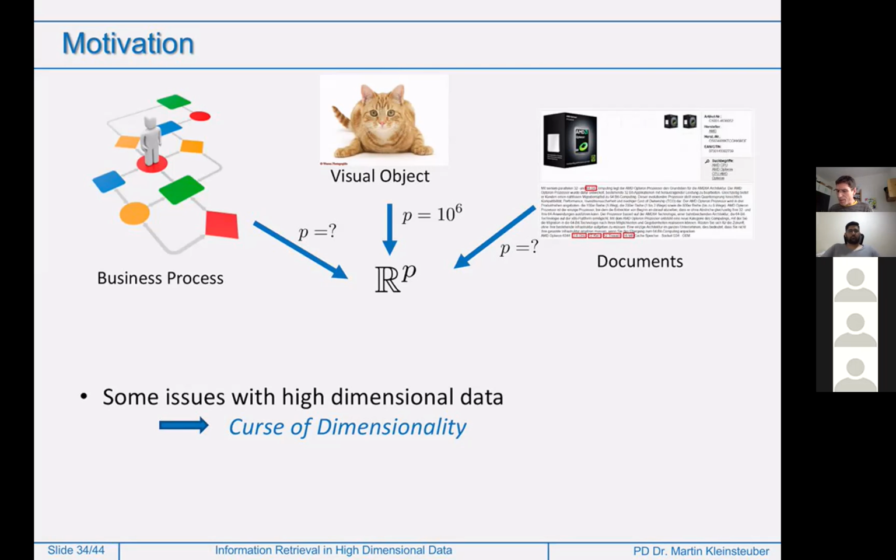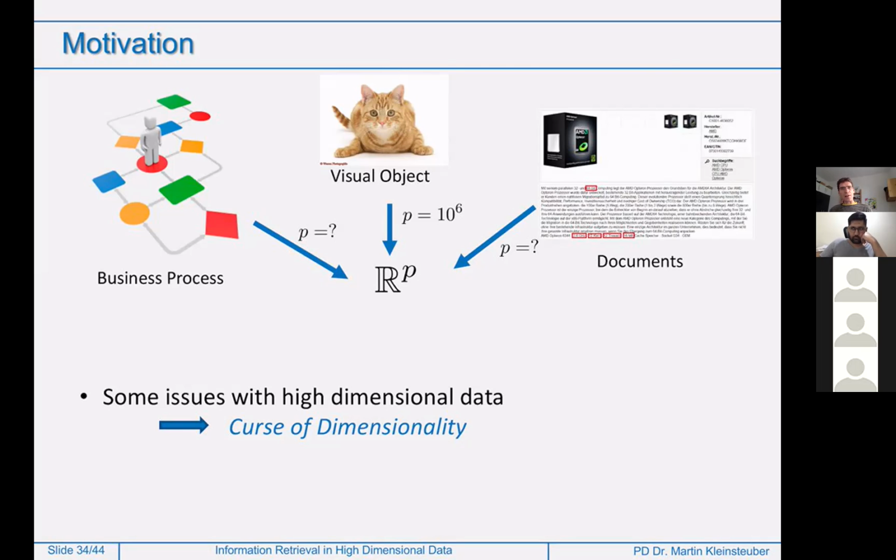For example, if we look at business processes that often have time series and we want to model that, you come to a p that is quite high, probably like 100 dimensional. If you look at visual objects, you immediately come into a p in the range of 1 million. Or if you look at text documents, you will also see that the p is rather large.